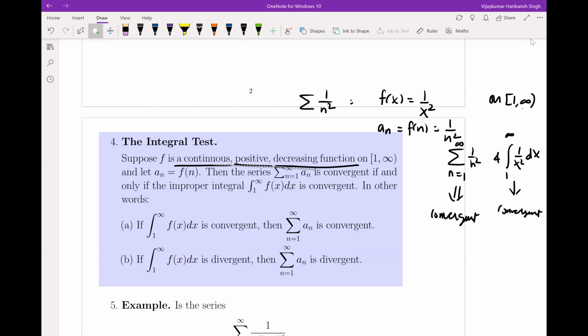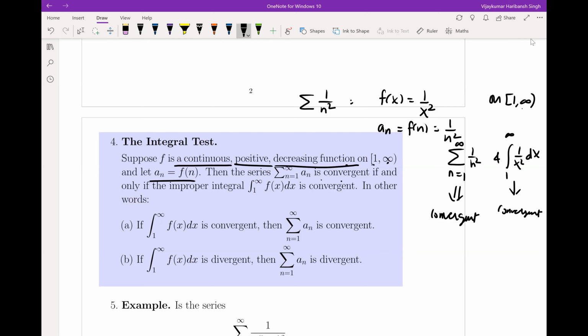So let's look at this test again. Suppose f is continuous, positive, and decreasing on 1 to infinity, and let a_n be f of n. So this was the scenario in this case. Then the series summation of a_n converges if and only if, that means it's both ways. If this series converges, then this integral from 1 to infinity of f(x) dx converges.